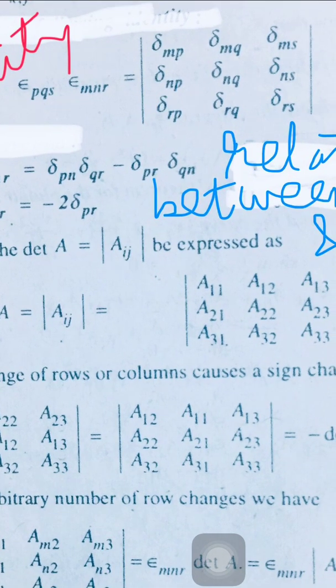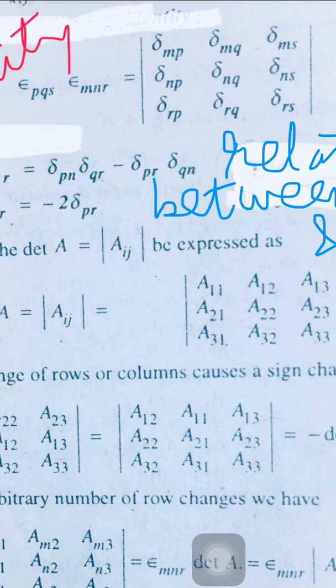Product of two epsilon symbol Cartesian tensors, epsilon pqs and epsilon mnr. These are two epsilon symbols having all different indices pqs, mnr. This may be represented as a determinant of Kronecker deltas like that. Delta mp, that is the first indices of both epsilon symbols. Delta mq, m is the first index of the second epsilon and q is the second position.